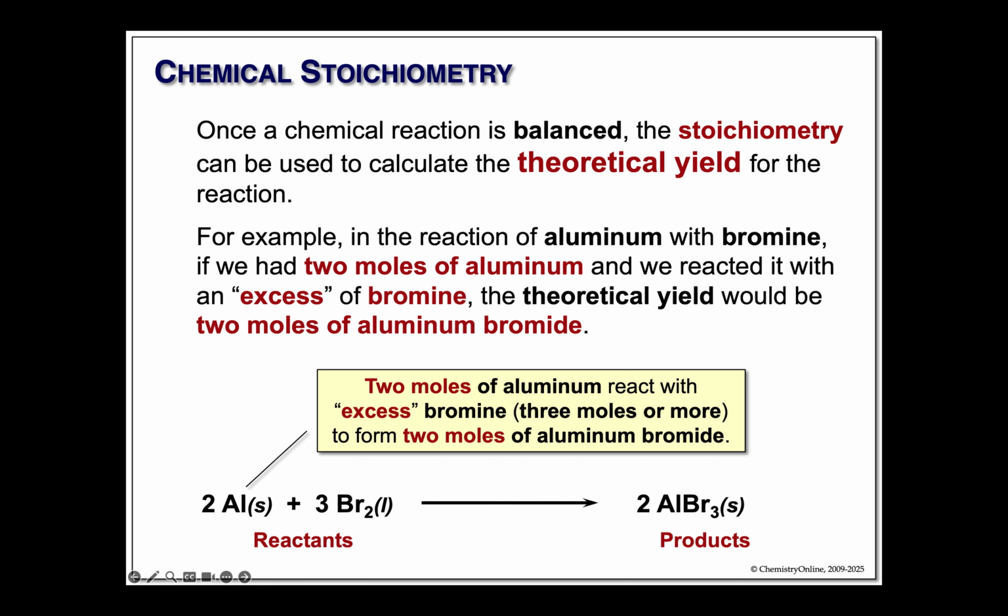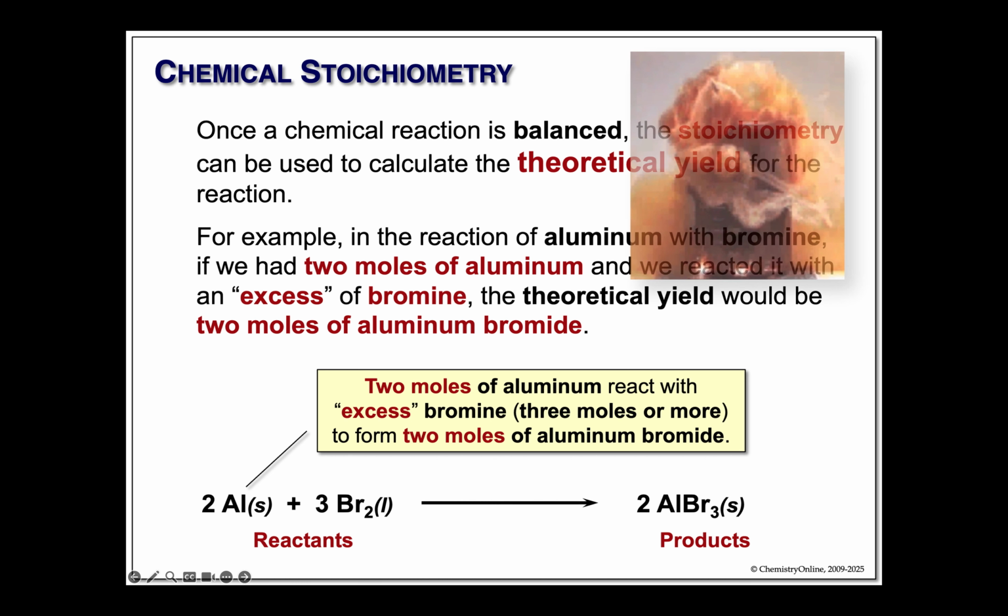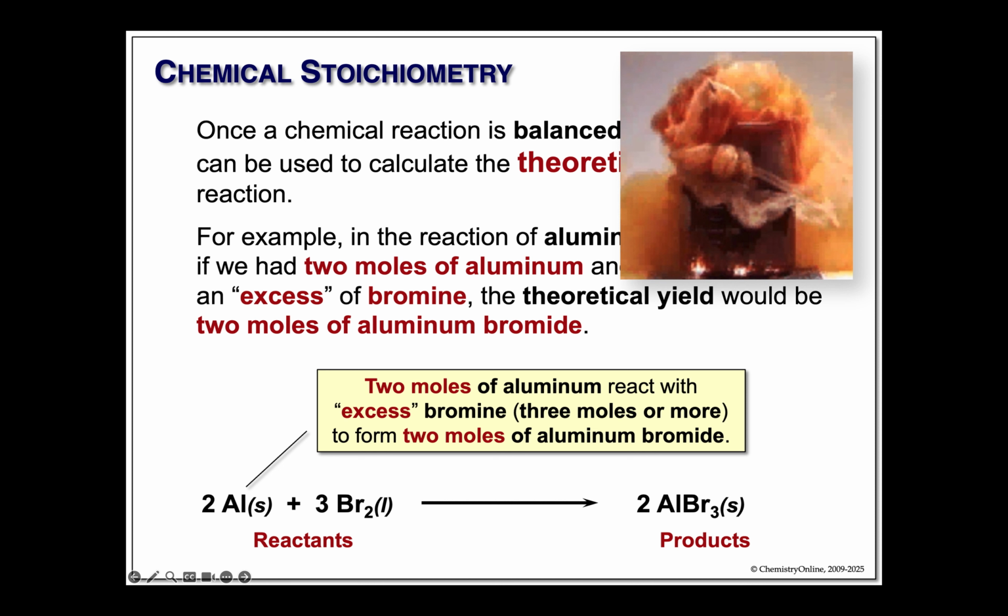As it reacts, it forms huge clouds of gas and they bubble away. In a case like that, we use what's called excess bromine. We still have the same stoichiometry for aluminum, and that will define the theoretical yield. But we have all the bromine that we could possibly need. Simple concept. Any questions?